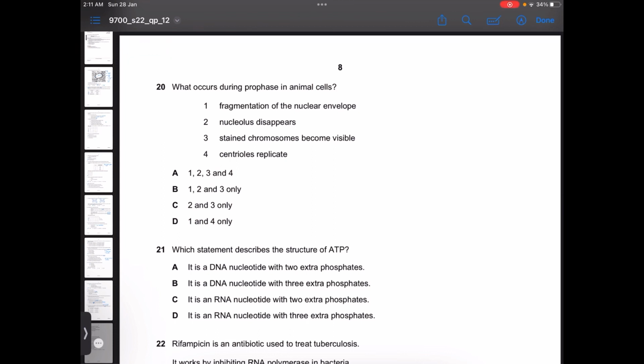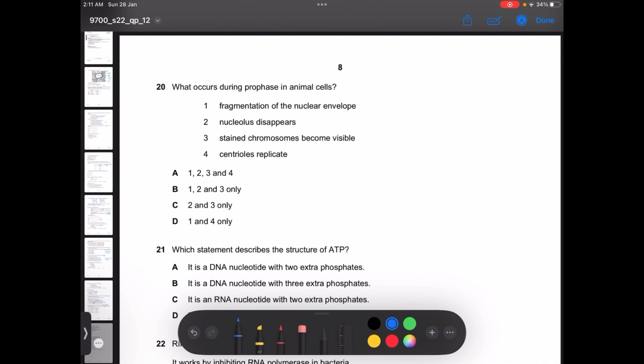What occurs during prophase in an animal cell? During prophase, basically all the structures are disappearing or being destroyed. So first, number one, fragmentation of the nuclear envelope. Yes, because the nuclear envelope will break down into fragments and then eventually disappear.